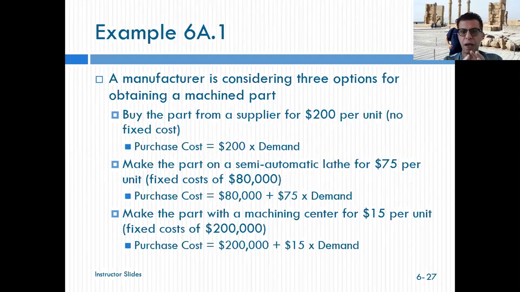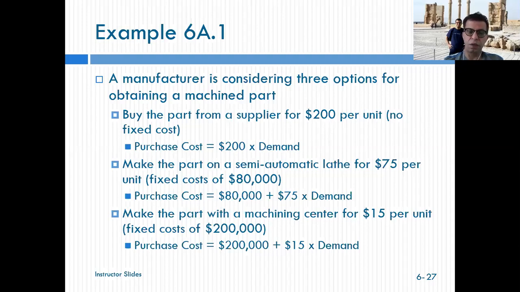Now, as an example, to make it easier, we're going to look at a manufacturer considering three options for obtaining a machine part. Option one says buy the part from the supplier for $200 per unit. No fixed cost. You just buy it ready-made and continue with that.